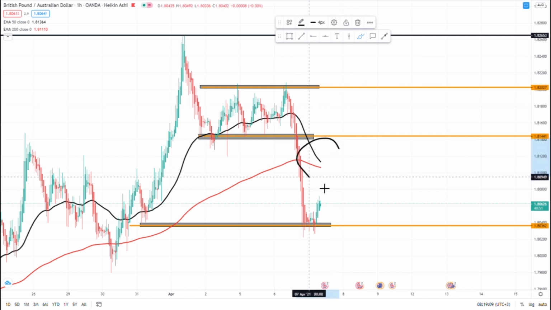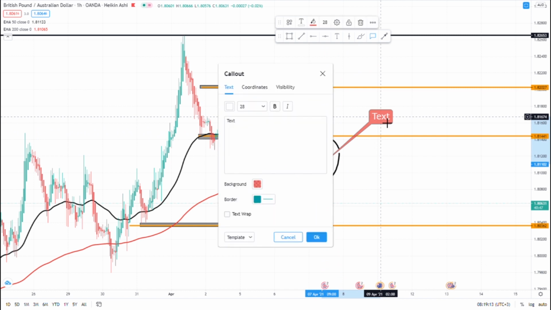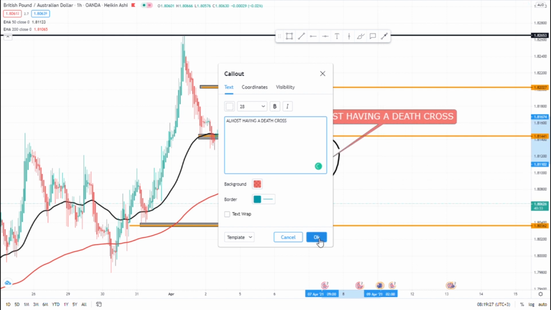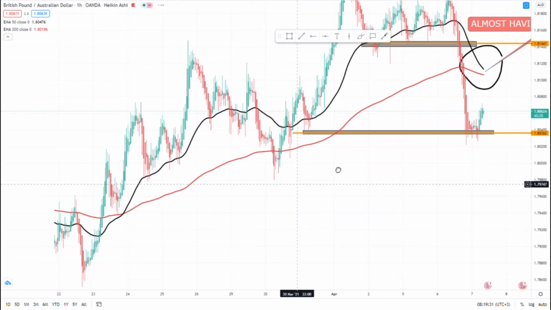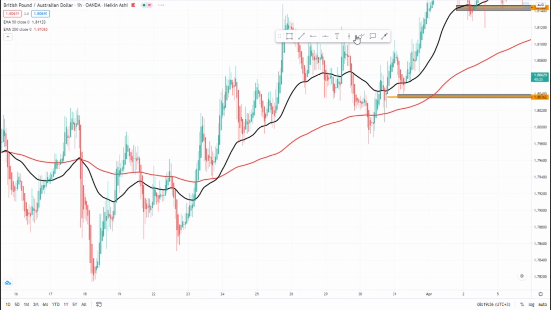If we look, we are almost having a death cross. Even when you see this kind of market, it is going on a downtrend, and the support will be the cross of this death cross. So that's why I'm saying, when you use a higher time frame and a low time frame, you may get different results. Choose a lower time frame if you're not planning to hold your trades.